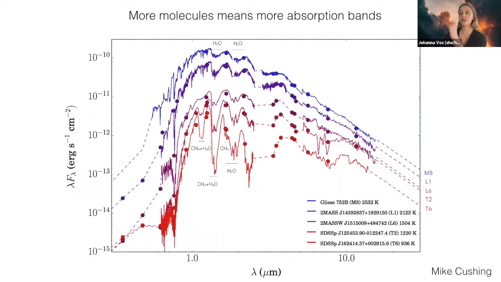But as you cool down further into colder brown dwarfs with colder spectral types, molecular absorption becomes more and more important. So for instance, these water absorption lines get deeper and deeper, and then you start to see absorption lines of new molecules such as CH4, or methane, which I'm showing here. So the coldest brown dwarfs really depart from black body curves in that way.